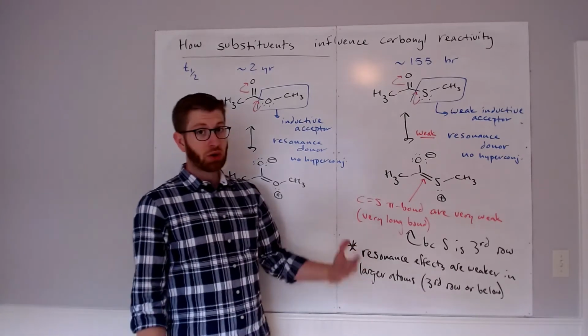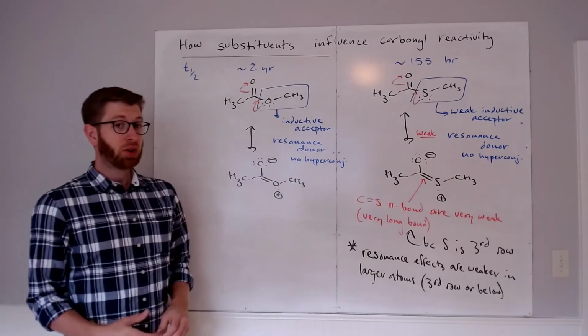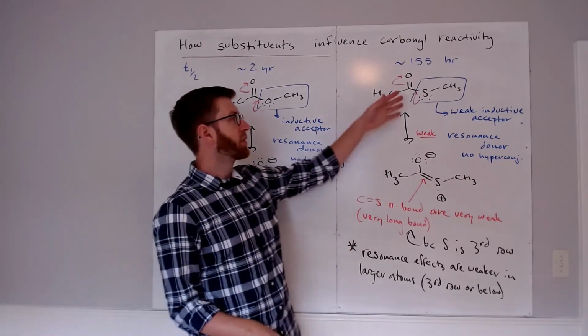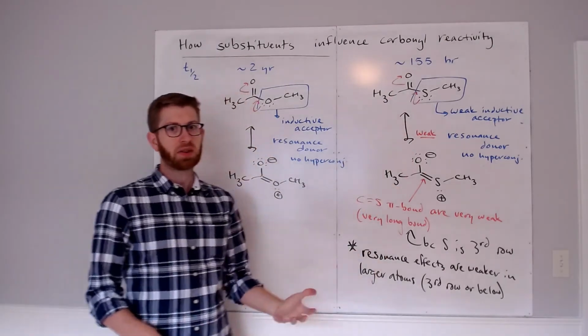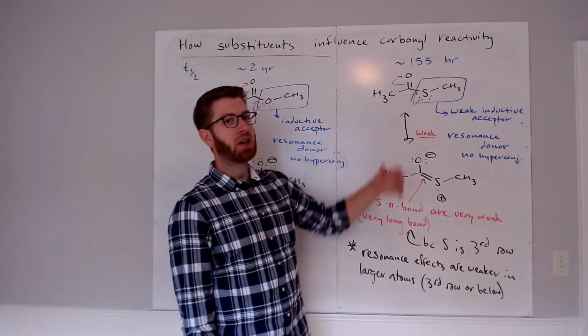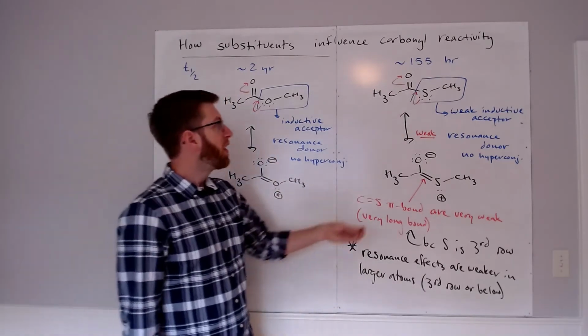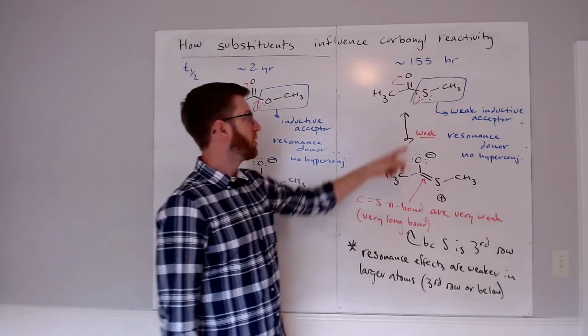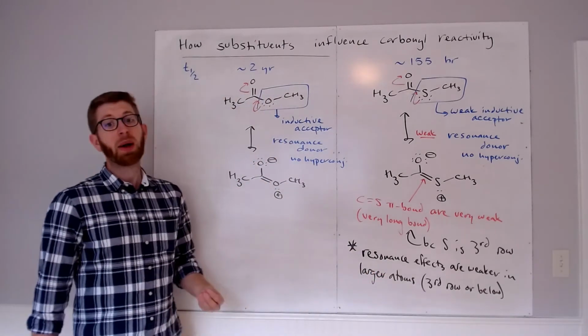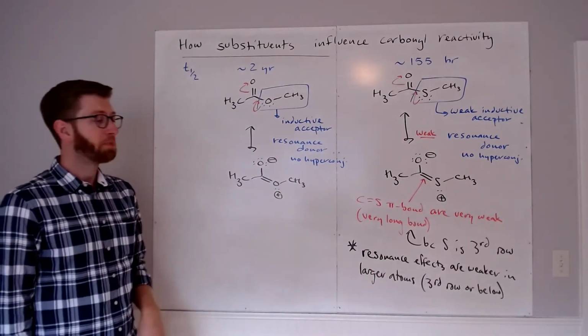And so those third or fourth row elements, even though they look like they could be donors, are not very good at it. And that's going to have consequences for reactivity. So like a thioester, for instance, is a lot more electrophilic than you might expect just based on the drawing, because embedded within the drawing is this concept that the sulfur is really not a good resonance donor, whereas an ester has a very powerful resonance donor in the oxygen.